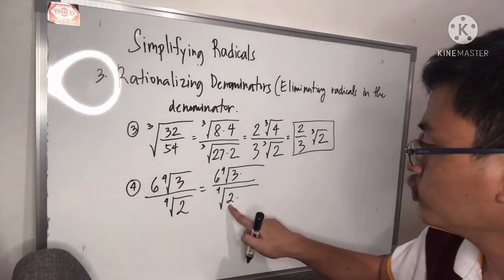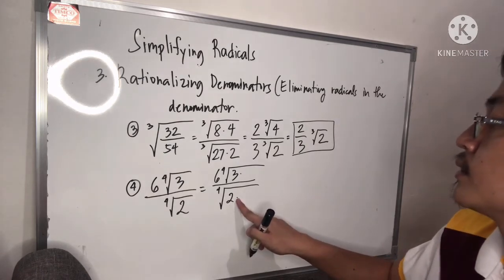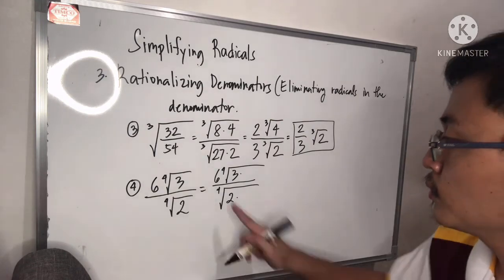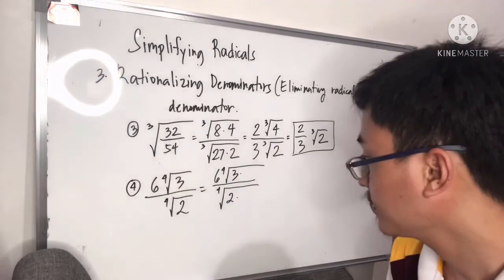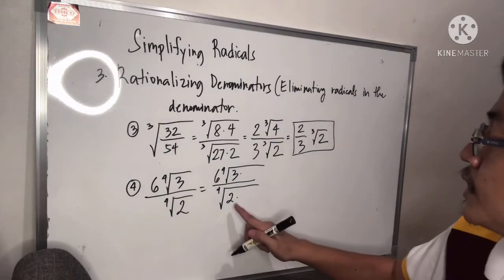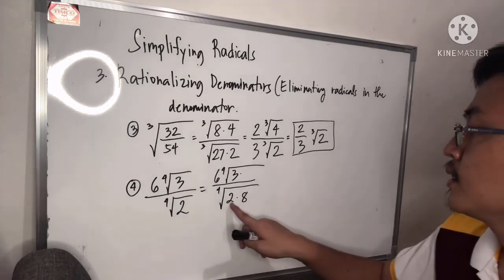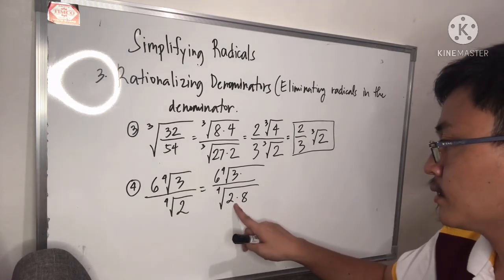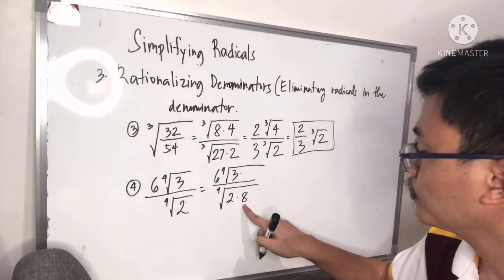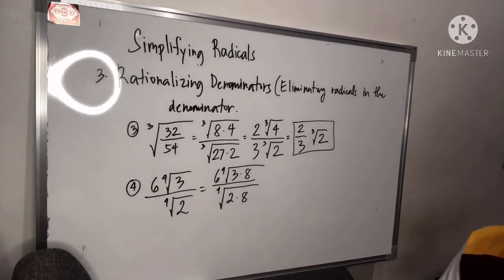So, since ang clue naman natin dito is yung isang factor is 2 times kung ano man yung number, pag kinuha natin yung fourth root, yun yung magpapatanggal dun sa radical sign para mawala yung radical sa denominator. So, that will be 2 times 8. Bakit 2 times 8? Kasi 2 times 8 is 16. Meron siyang fourth root ng 16. So, kung magmumultiply ako ng 8 dito, multiply din ako ng 8 doon sa taas.